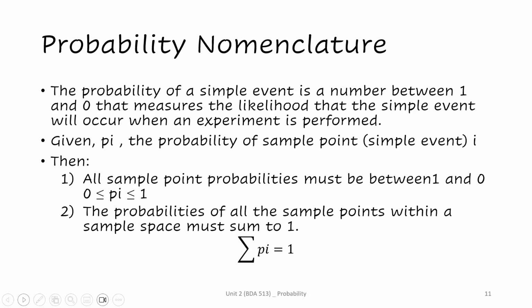Like we've said, the probability of an event happening is normally between 0 and 1. If it is 0, that means it's a case of impossibility. If it is 1, then it is certain that it's going to happen. So given pi, the probability of a sample point will be written as between 0 and 1, where pi represents the probability of a particular event.